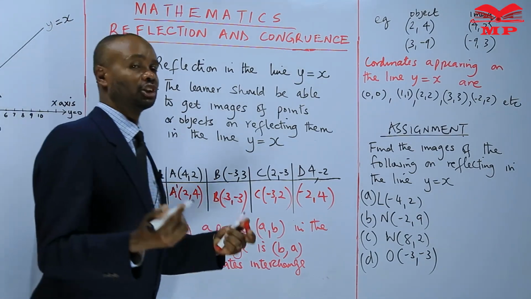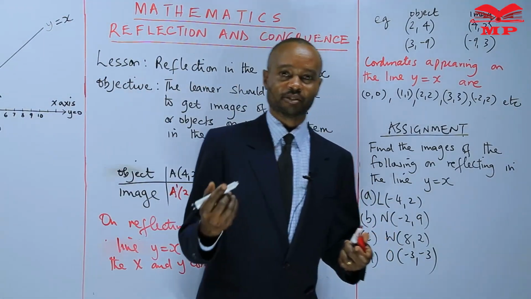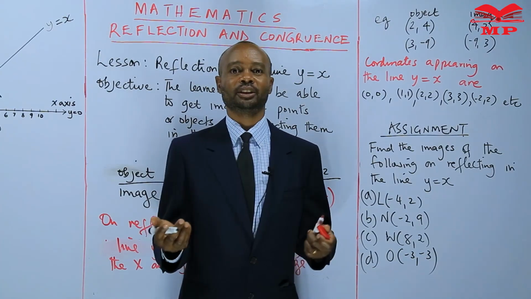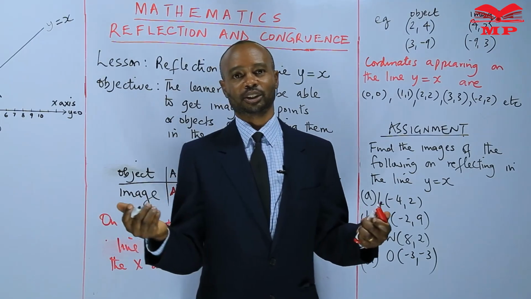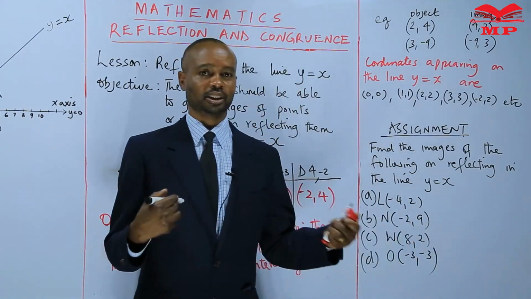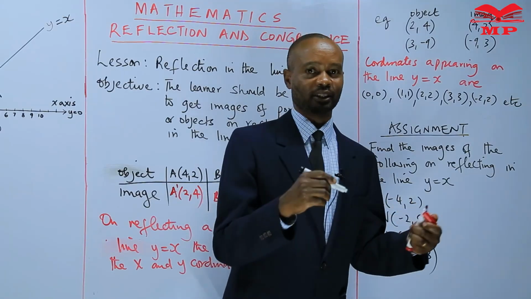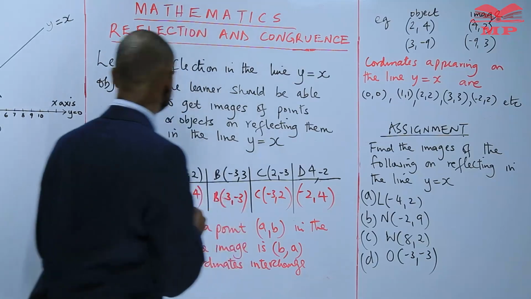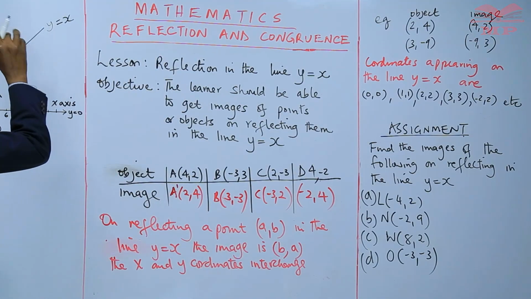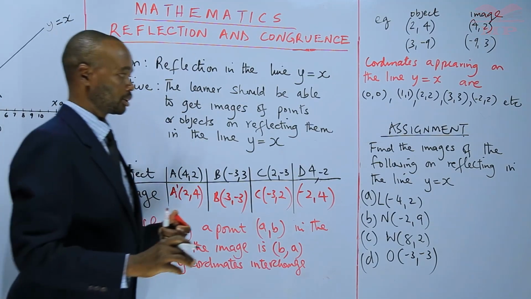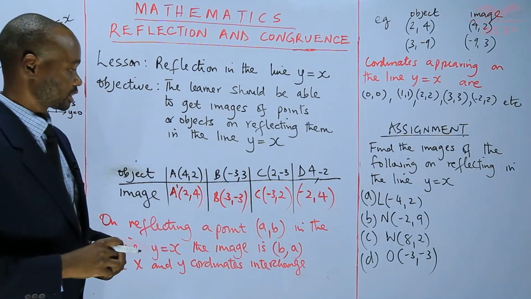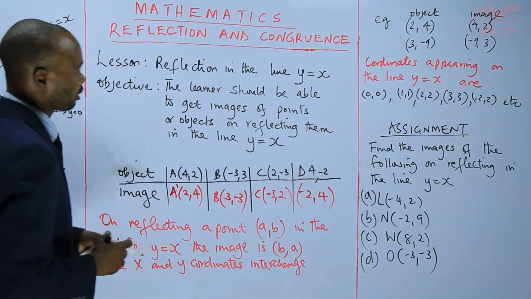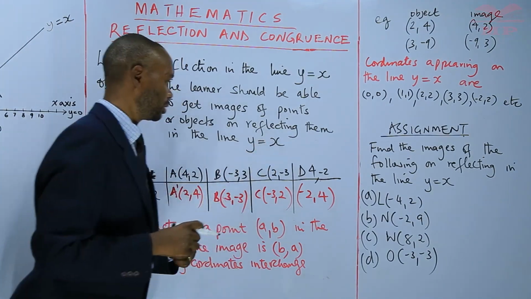That helps us easily deduce the coordinates of the images under such a reflection. For example, if I have 20, -20, the answer will be -20, 20. If I have 3, 5, the answer becomes 5, 3. That is a characteristic of images reflected in the line y is equal to x. The coordinates just interchange. So our objective has easily been met.